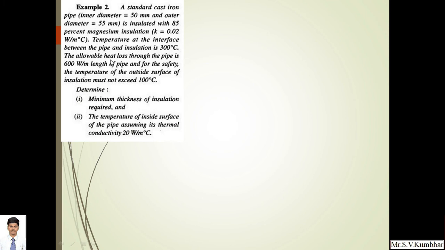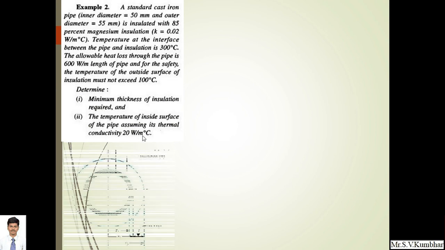The allowable heat loss through the pipe is 600 watt per meter length, and for safety the temperature of outside surface must not exceed 100 degrees centigrade. Determine the minimum thickness of insulation required and the temperature of inside surface of the pipe, assuming its thermal conductivity is 20. So try to draw a small figure for this.